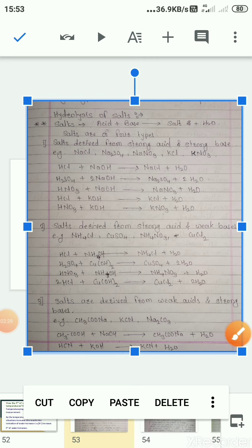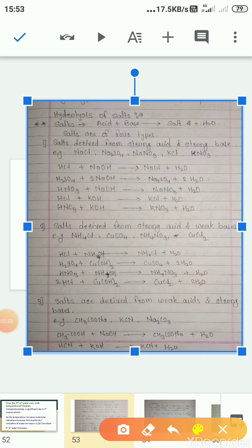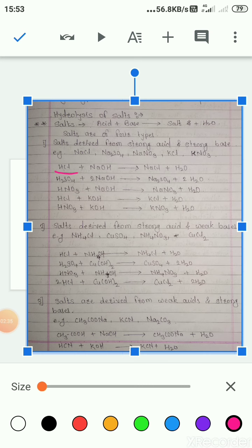In the same way, see how the salt is prepared. HCl plus NaOH gives NaCl. That means Na from sodium hydroxide and Cl from HCl, it gives NaCl and water.